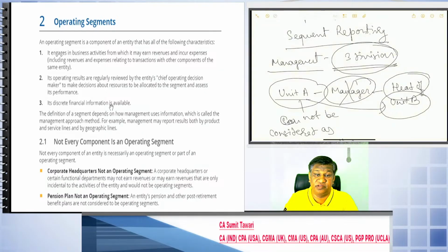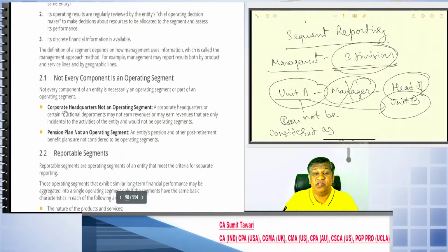There is no strict rule otherwise. Corporate headquarters is not an operating segment. Okay. And the pension plan is not an operating segment. So if you are earning a profit or doing an activity, only then do you consider it an operating segment. So that's why these are the exceptions: corporate headquarters and pension plan are not operating segments.